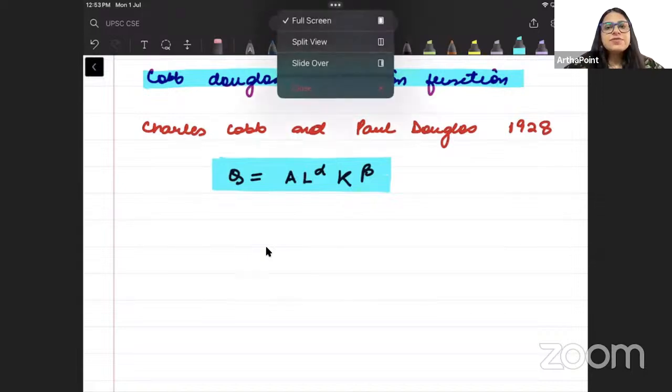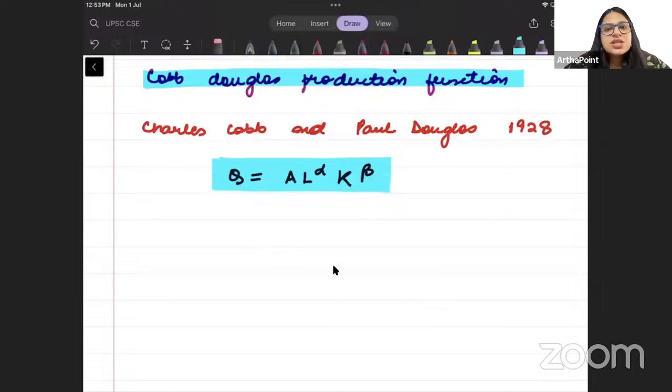So just like when we talked about utility functions, है ना? तब हमने utility function में भी यही पढ़ा था that whenever we write utility function in the form u is equal to x to the power alpha, y to the power beta, that is a well-defined utility function. Similarly, we have the case with production function also. So whenever we write production function in this form, Q is equal to A, L to the power alpha, K to the power beta, it is called a well-defined production function.